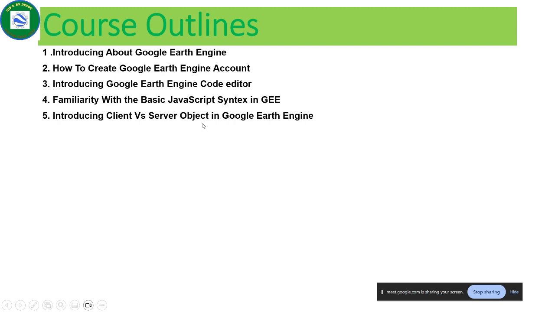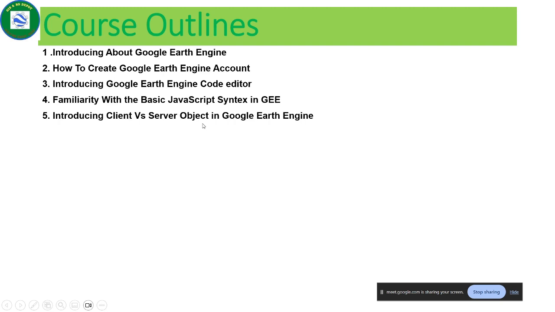Then how to make a time series chart and time series data for all indices. This is our second page of the course outline. Soil moisture index, SMI, you calculate in the Google Earth Engine platform.